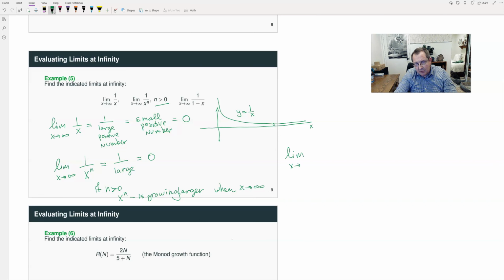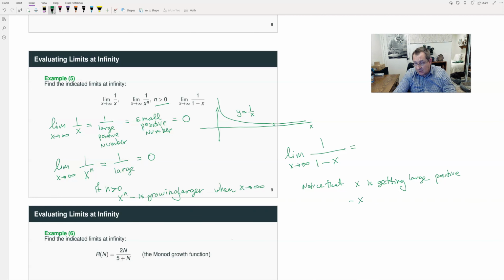x is now approaching infinity, and the fraction that we're looking at is 1 over 1 minus x. Again, there are many different ways to approach this problem, and you can make it mathematically precise. However, for the purpose of this class, the following will be sufficient. We notice that x is getting large positive.